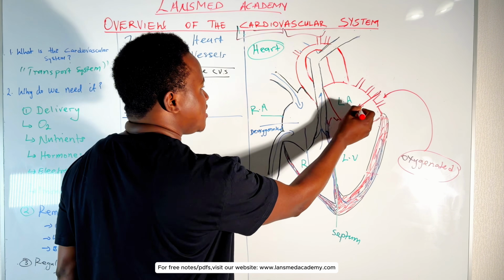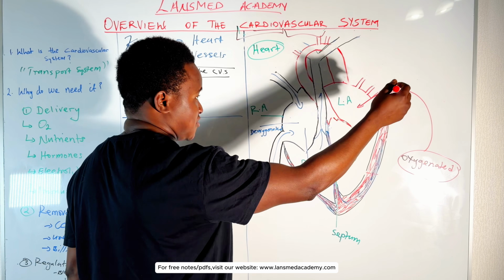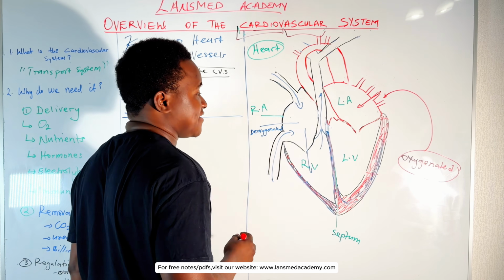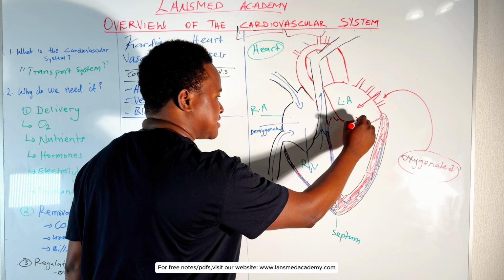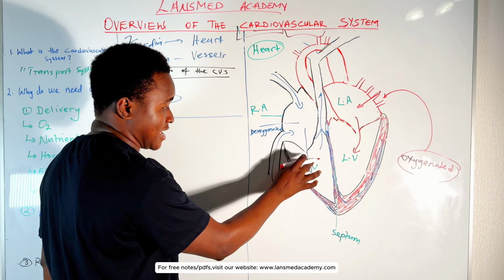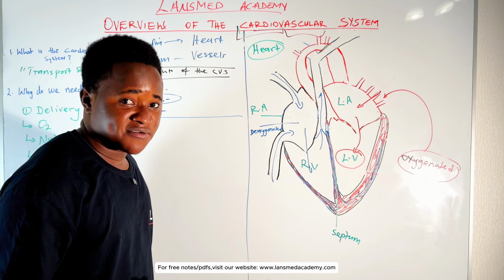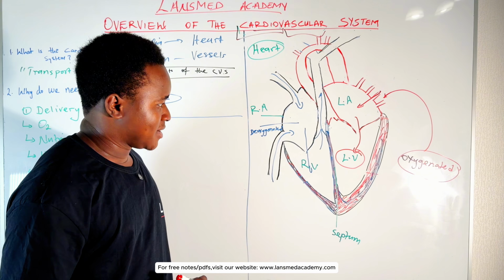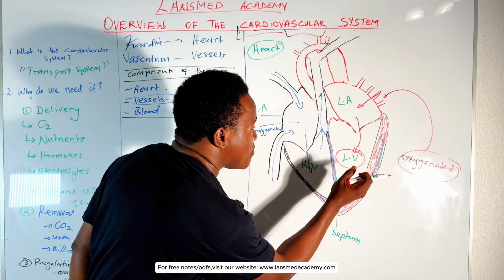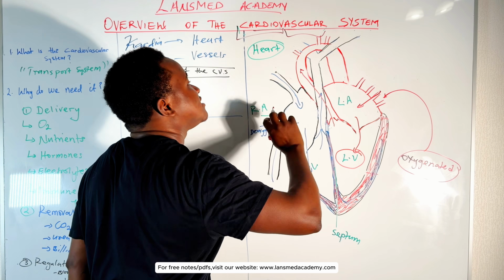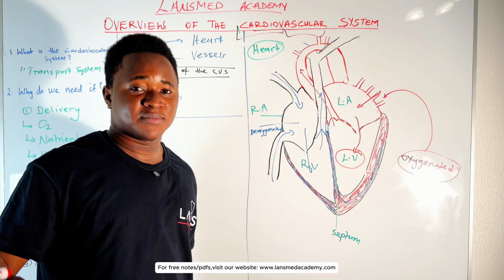So when the blood from the lungs via the pulmonary vessels enters the left atrium, that blood is going to be sent, just like here, to the left ventricle. Now, what would the left ventricle do? This is the real magic. The left ventricle then pumps this blood into the aorta, and the blood goes all around the body.